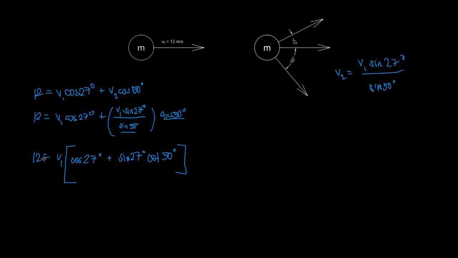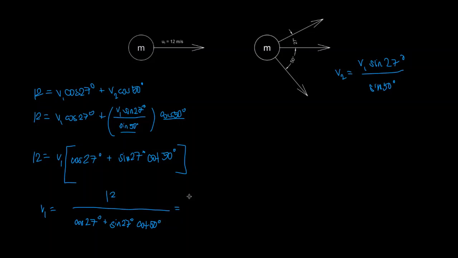So, ngayon, we're gonna divide both sides by this bracketed expression to get v sub 1. So that's v sub 1 equals 12 over, and then bracketed expression, that's cos 27 plus sine 27 times cotangent of 50 degrees.